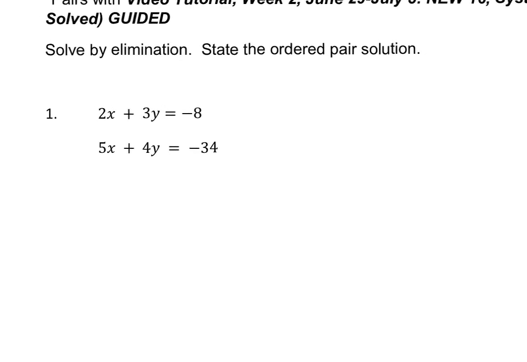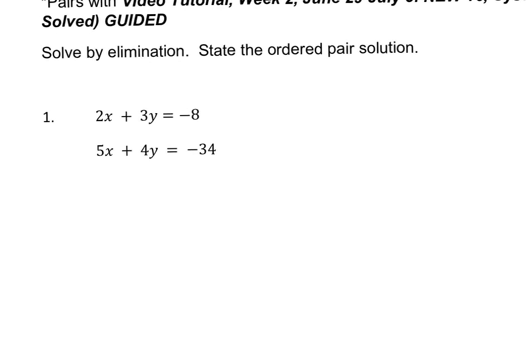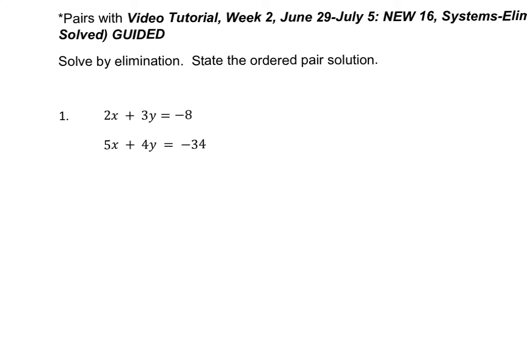All right, solving by elimination, and we're stating that ordered pair solution. So we talked about what it takes to solve a system by elimination, and we also saw what they look like when they're already ready to solve by elimination.